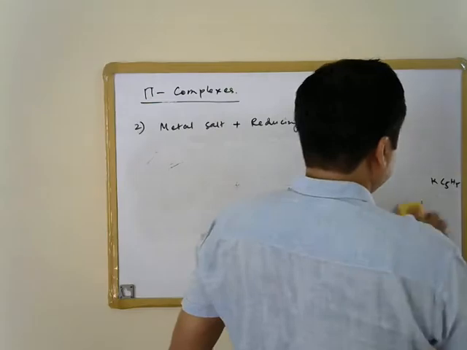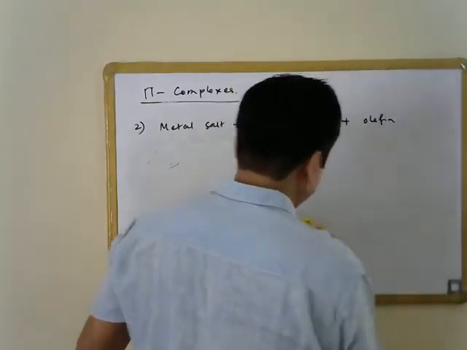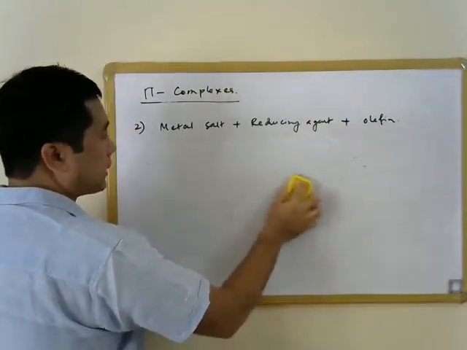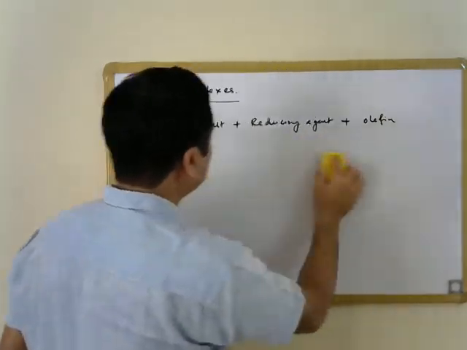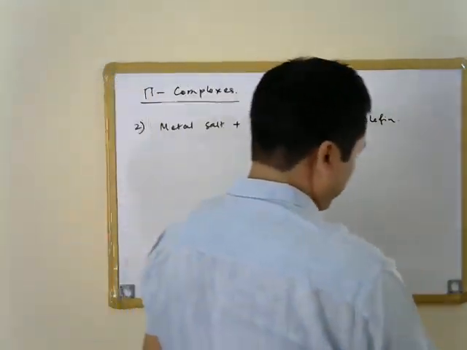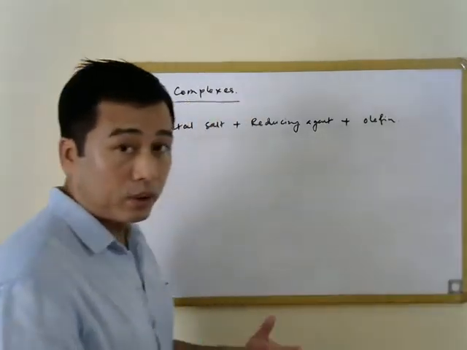So one more example of this type of reaction that we will see where olefin itself acts as the reducing agent and reduces the metal salt to lower oxidation state and produces a metal olefin complex as well.